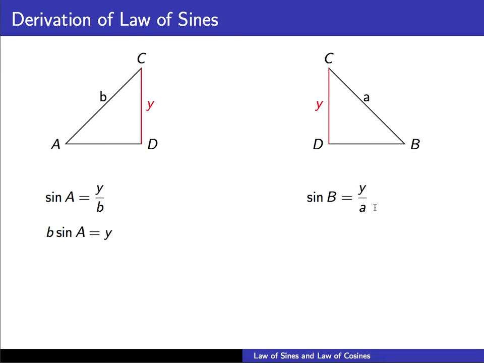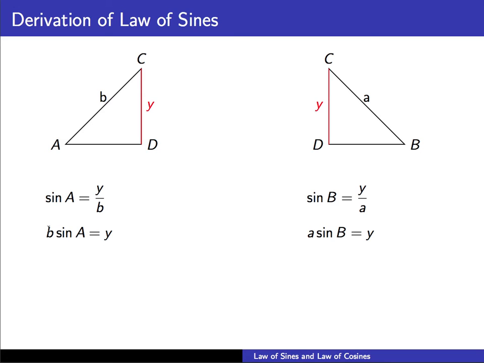To clear out this fraction, we multiply both sides by a, and we get a times the sine of B equals y. So this height is the length of side a times the sine of angle B, which is the same height as we have over here.